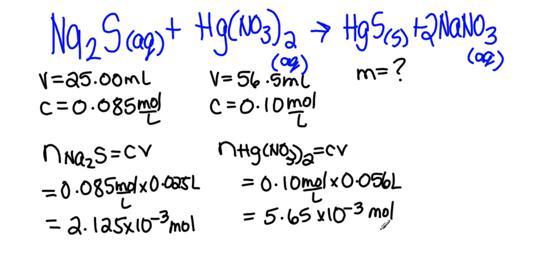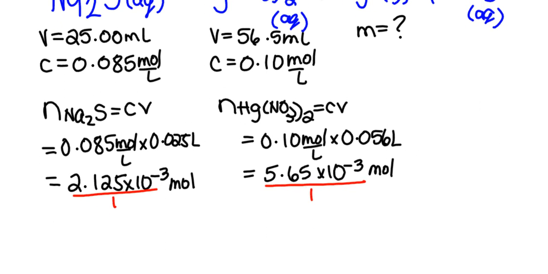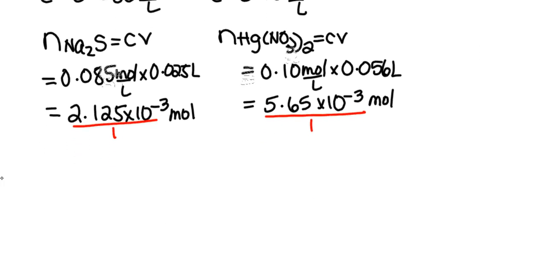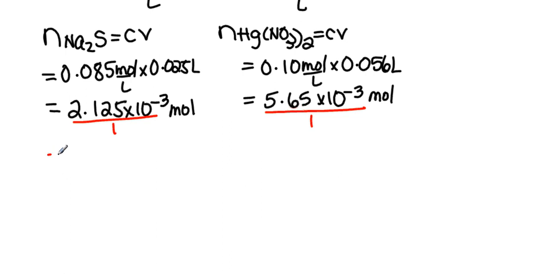Okay. Now remember, when we're finding the limiting reactant, we said we're going to divide by the coefficient. There's a coefficient of 1 in front of sodium sulfide, so this number would be divided by 1. And there's a 1 in front of the mercury 2 nitrate, so we divide this by 1. Luckily for us, it's the same ratio.